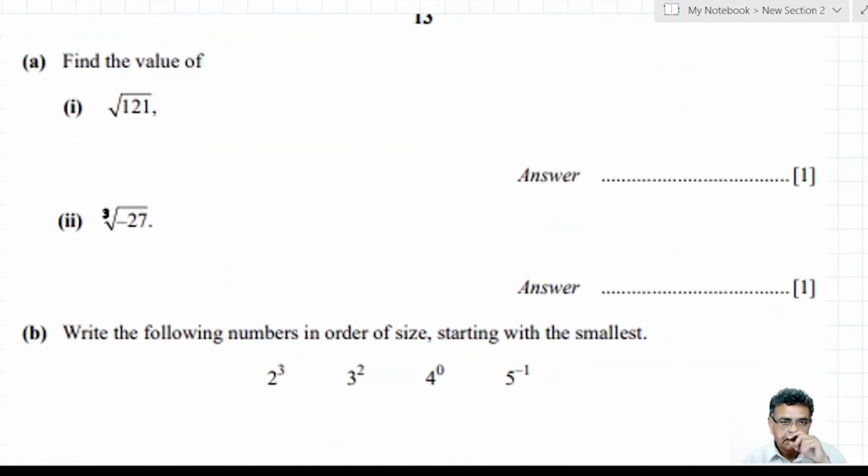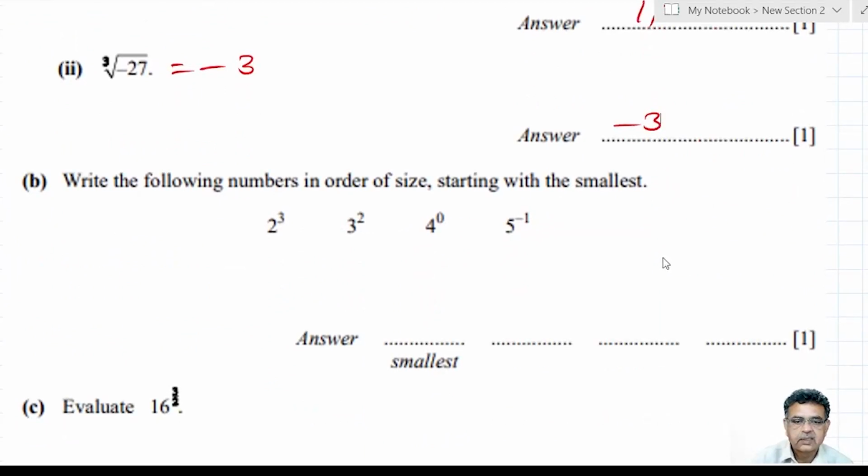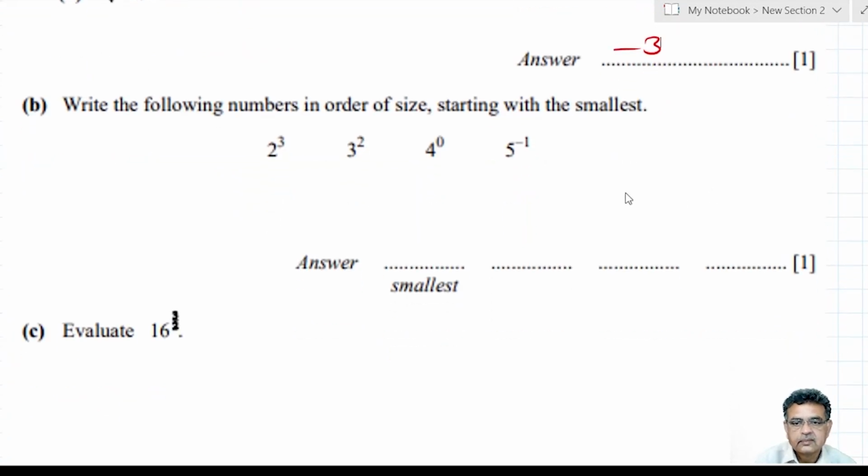Okay, next, find the value of under root 21. I think that's very simple. It is 11. Cube root of 27 is 3. This negative sign will remain there because power is not an even number. Write down the following numbers in order. So this is 8, 9, 1, 1 over 5.